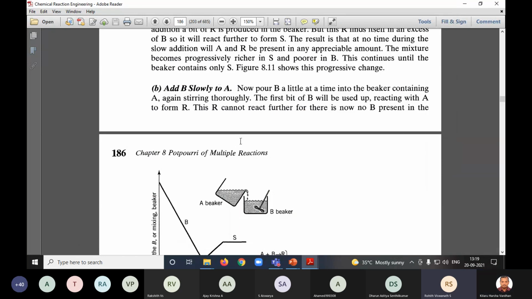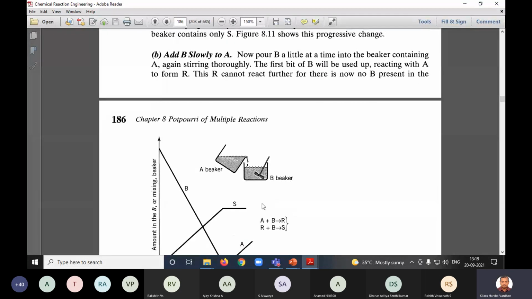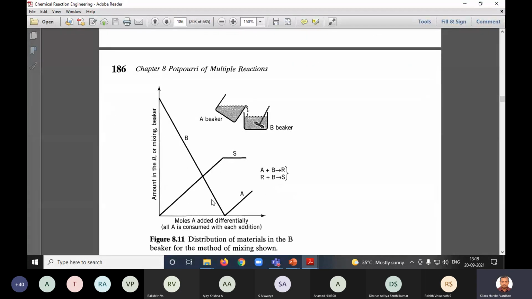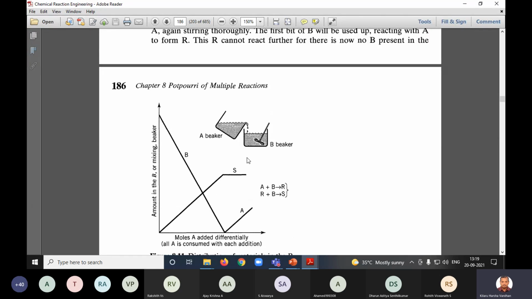Maybe some disturbance. So now here, since A disappears to give you R, R again disappears to give you S. That is what you are seeing here. The concentration of B is dropping and the S concentration is increasing. After some time, S will be constant because B is over, B is getting depleted.